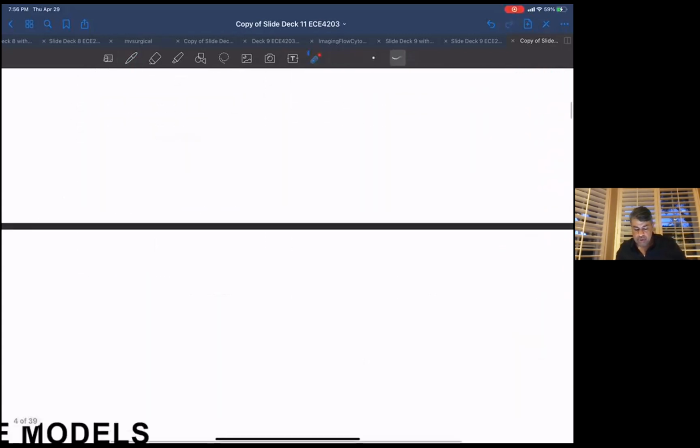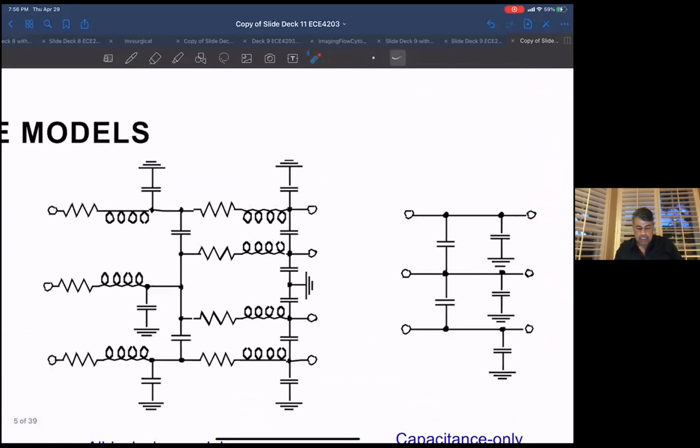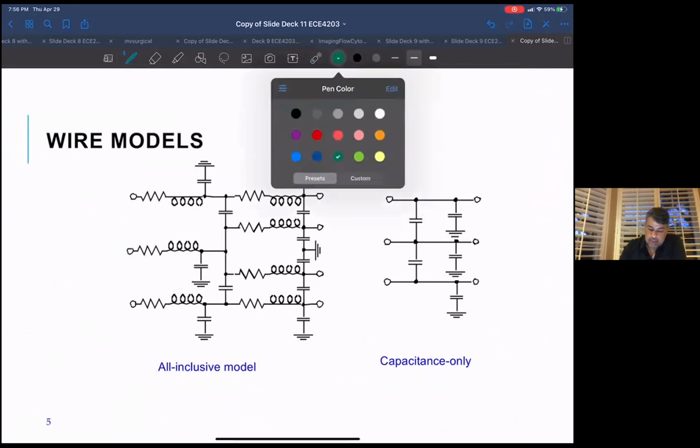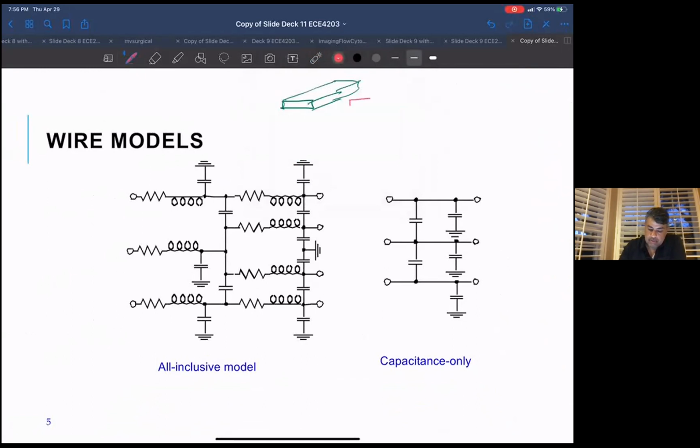Okay, so if we look at a wiring model of a line, say an aluminum line, let's say you have 2 lines running parallel to each other and over a ground plane.